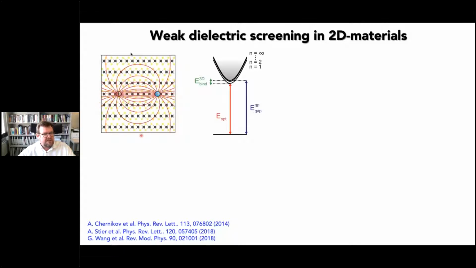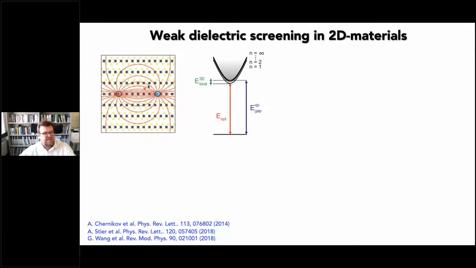So here you see a kind of cartoon picture of an electron hole pair, and here you have to imagine that this electron hole pair is confined within one of the planes of the crystal. That's because essentially the interlayer coupling is relatively weak, so it doesn't move like in a 3D material in all 3 dimensions in space, but is mostly localized within one of these layers.